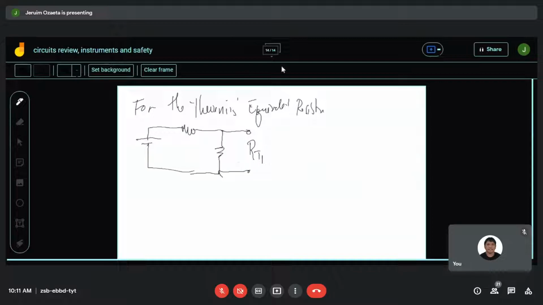By the way, the Thevenin's equivalent resistance and voltages are seen at the terminal where the load is disconnected. Okay.